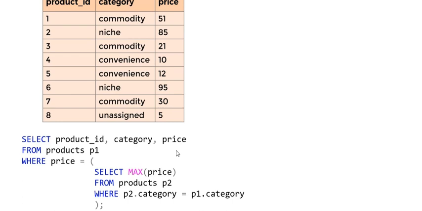If you don't remember the entire query, you can simply answer by using a correlated query: first select employee ID, employee name, salary from the employees table E1, where salary is equal to, again, select max salary from the same table E2, where E1 department is equal to E2 department ID.